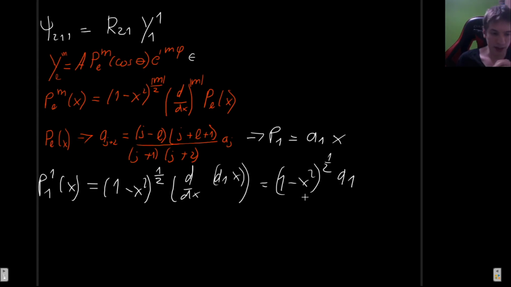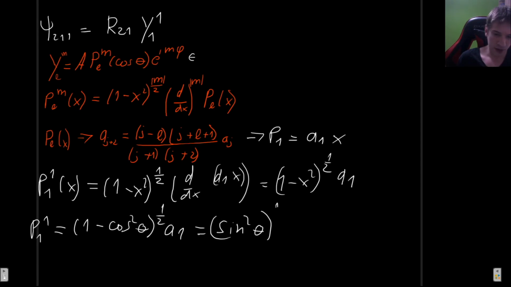Now the final step is to write it in terms of cosine. So instead of x, we put a cosine in. So this is going to be equal to 1 minus cosine squared theta to the 1/2 power a1. But what is 1 minus cosine squared theta? That's just sine squared theta to the 1/2 power a1. And this is basically the square root. So we just get a1 sine theta. That's going to be the associated Legendre polynomial for L equal 1, M equals 1.